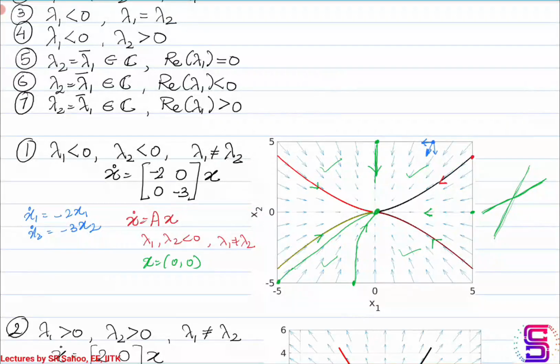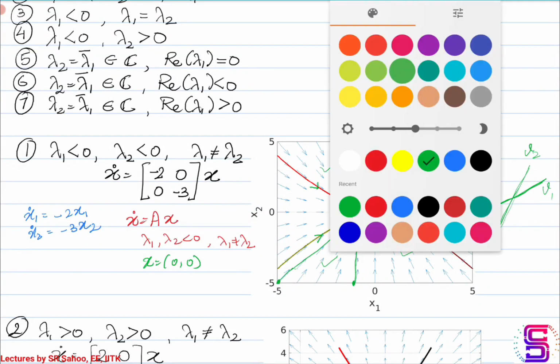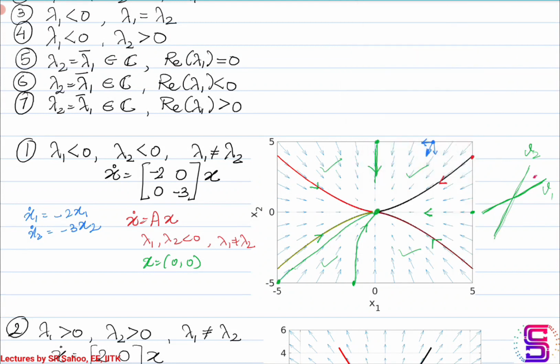If you start at a point here, then the trajectory will actually move towards the origin without crossing over to any other section defined by v1 and v2.